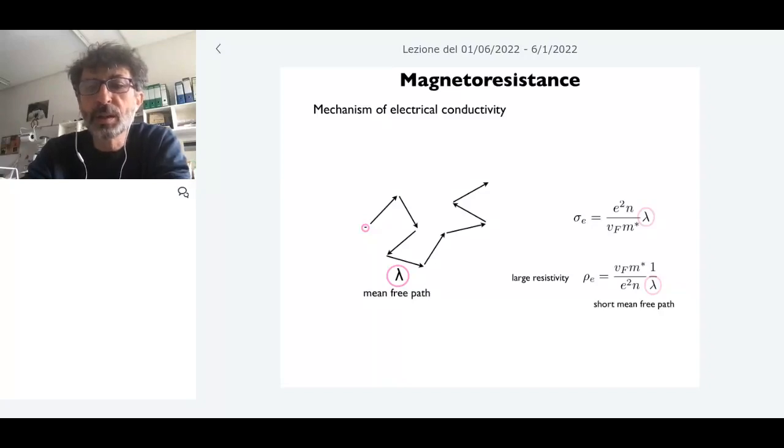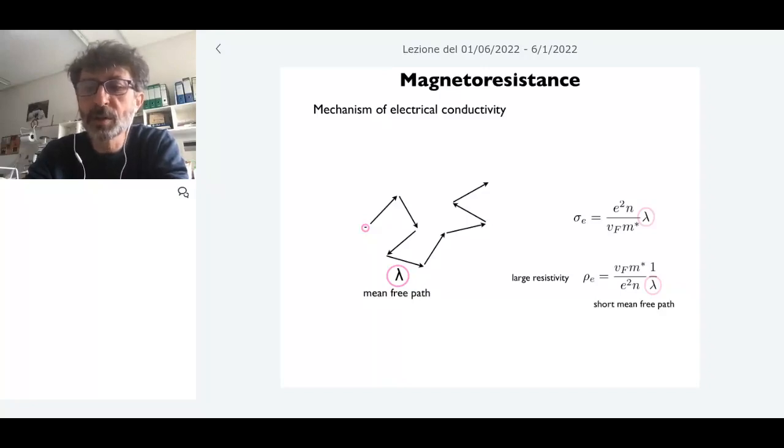What causes the finite conductivity is the fact that after a certain travel in space, that is called the mean free path, electrons scatter, so they change direction. And in this change of direction, they dissipate energy.